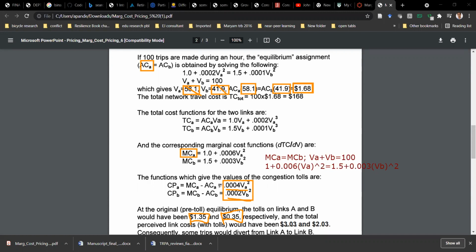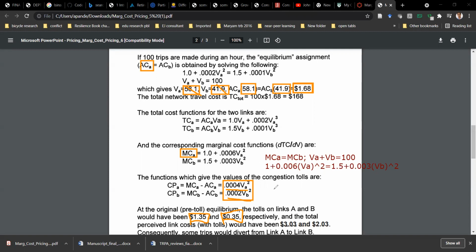So MCA minus ACA gives you 0.004 VA squared. Okay. And then MCB minus ACB is 0.002 VB squared. So you just plug in 58.1 for VA and 41.9 for VB, and then these are the tolls that you're going to get. So you can verify it.